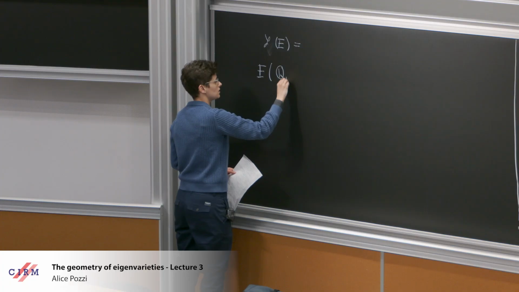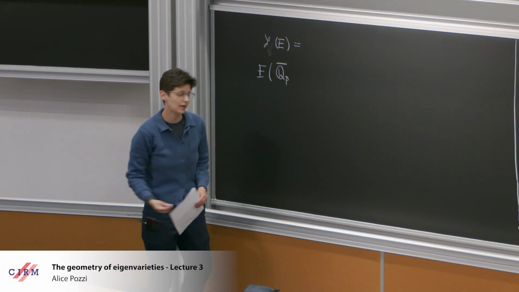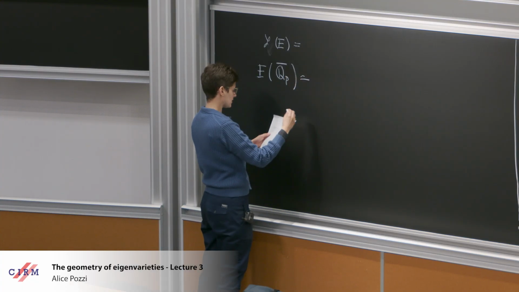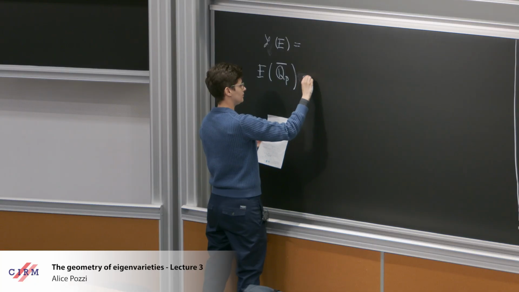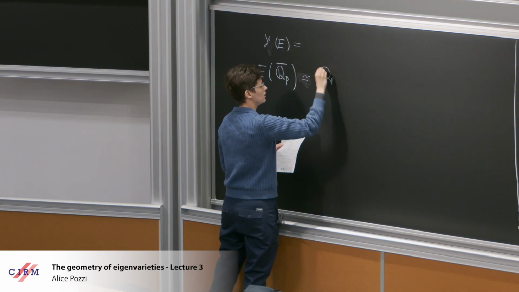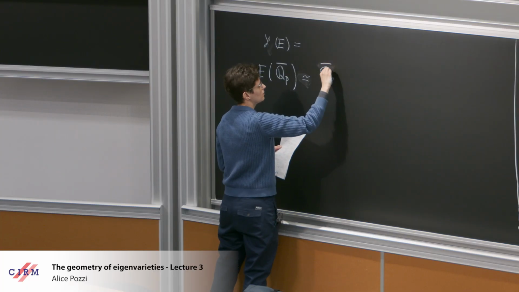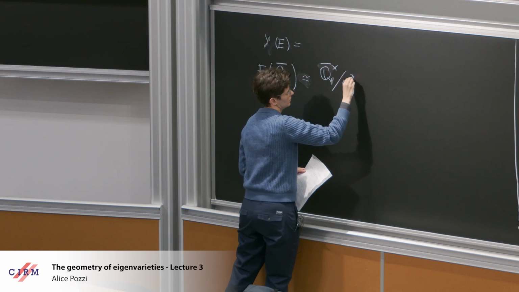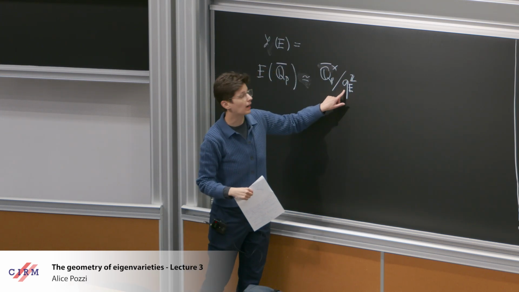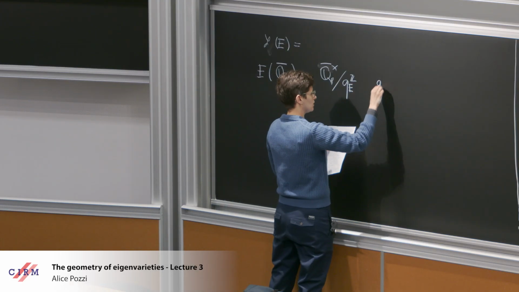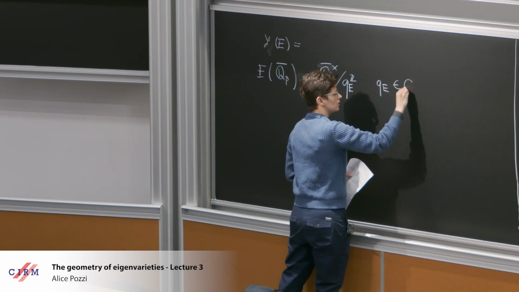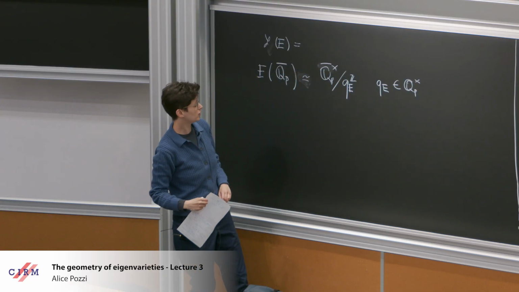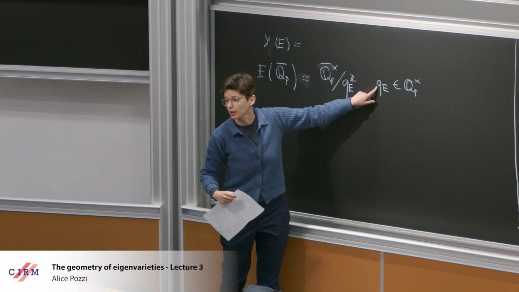So I can use the theory of uniformization given by Tate for the Qp bar points of my elliptic curve, which realizes them as the quotient of Qp bar units modulo a cyclic group generated by some parameter q_E in Qp of non-zero p-adic valuation.